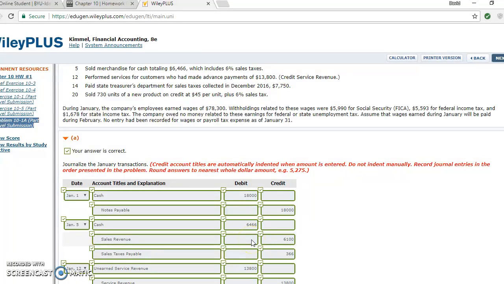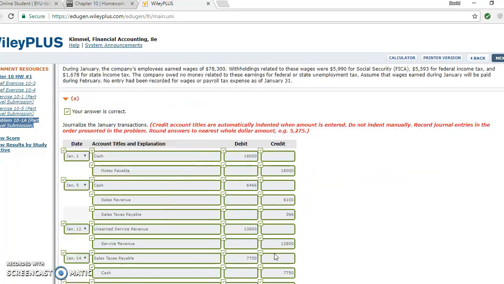So for the sales revenue, we credit $6,100, and then 6,466 minus 6,100, or minus the sales revenue, gives us the sales tax payable of $366.